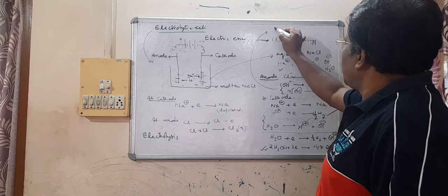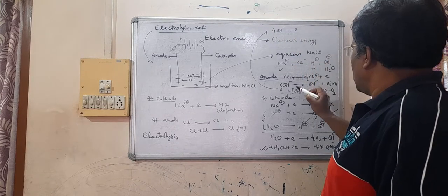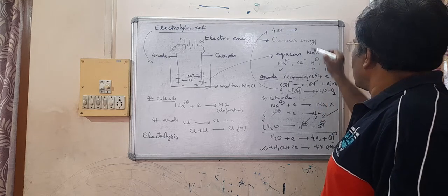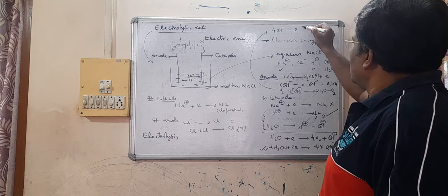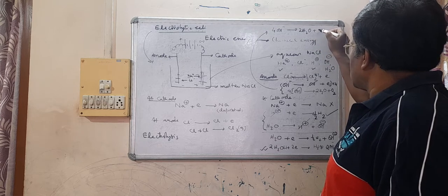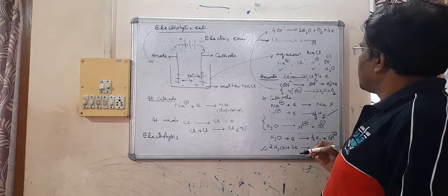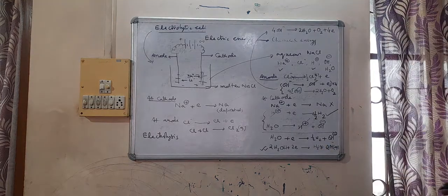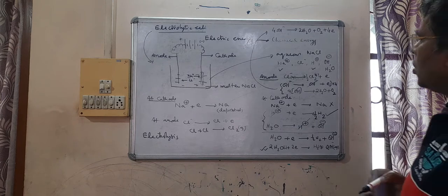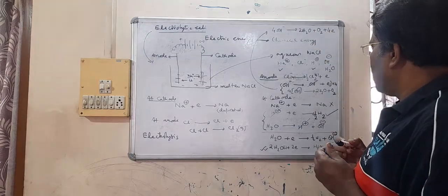So it will be 4 OH minus arrow 2 H2O plus O2 plus 4 electron. So this can happen at the anode.